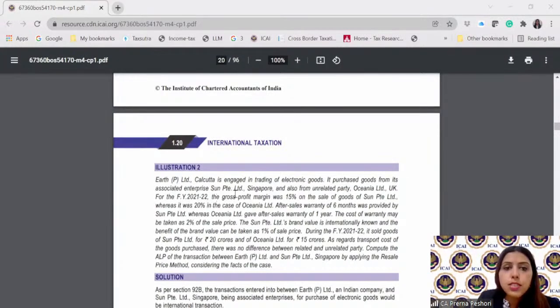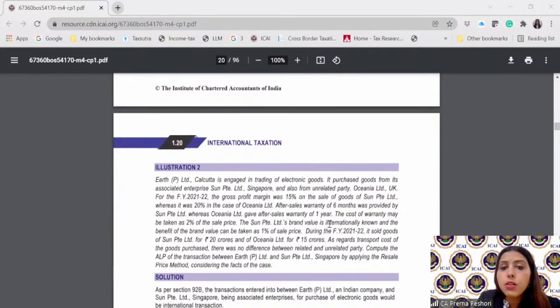It purchased goods from its associated enterprise Sun PT Limited, Singapore, and also from unrelated party Oceanic Limited, UK. For the financial year 21-22, the GP margin was 15% on the sale of goods of Sun PT Limited, whereas it was 20% in case of Oceania Limited.